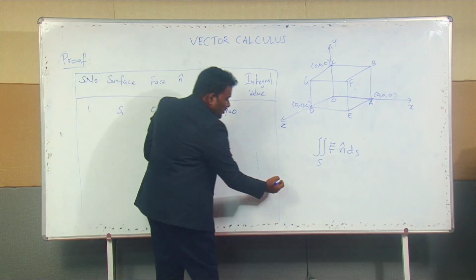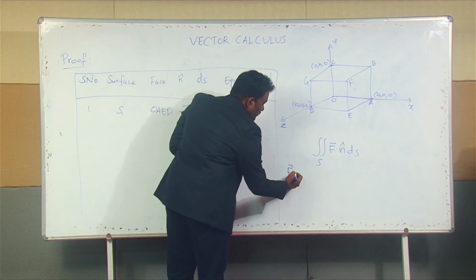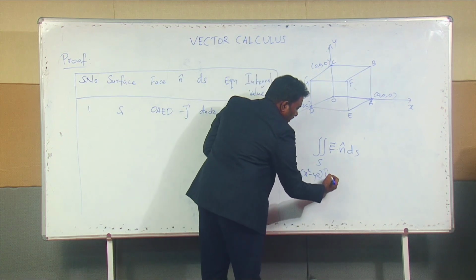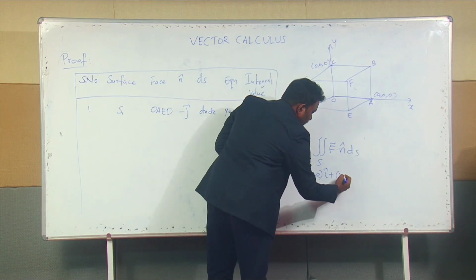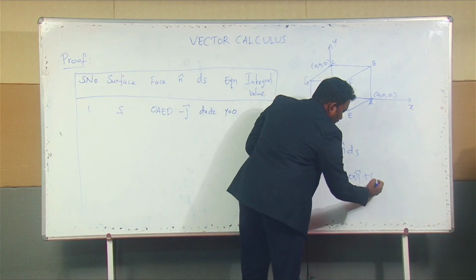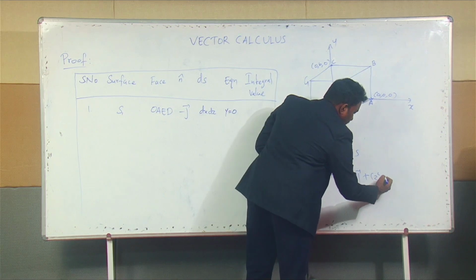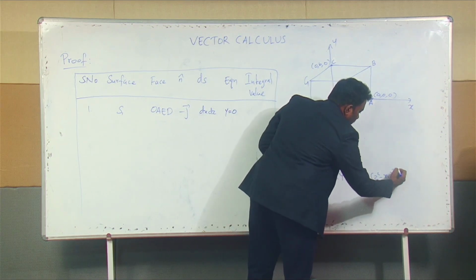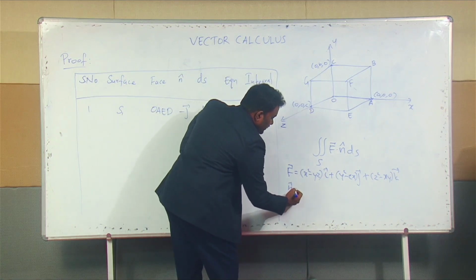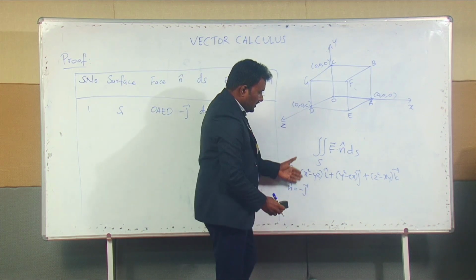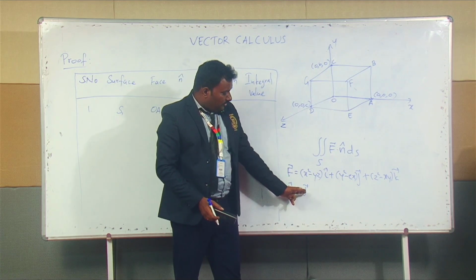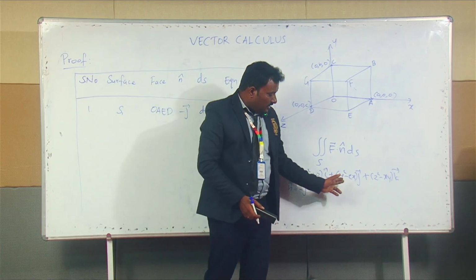So, the f vector is this one, x square yz i vector plus y square zx j vector plus z square minus xy k vector. When you multiply this f vector and this minus j vector, the coefficients of the j vector and j vector will be multiplied.